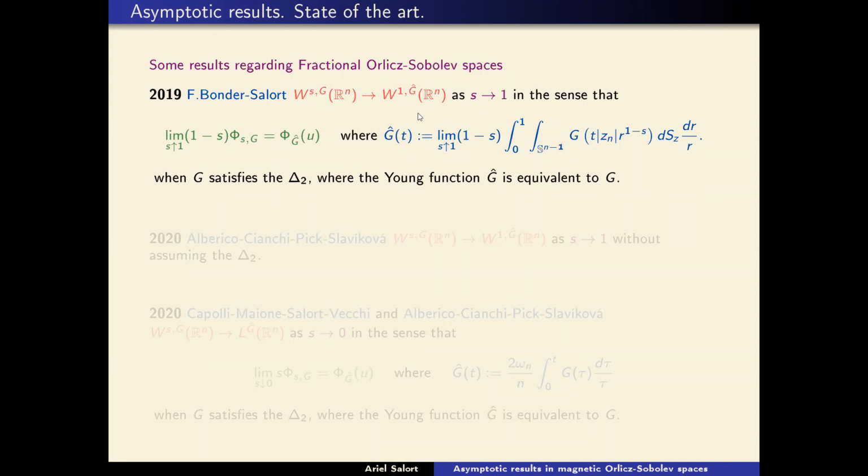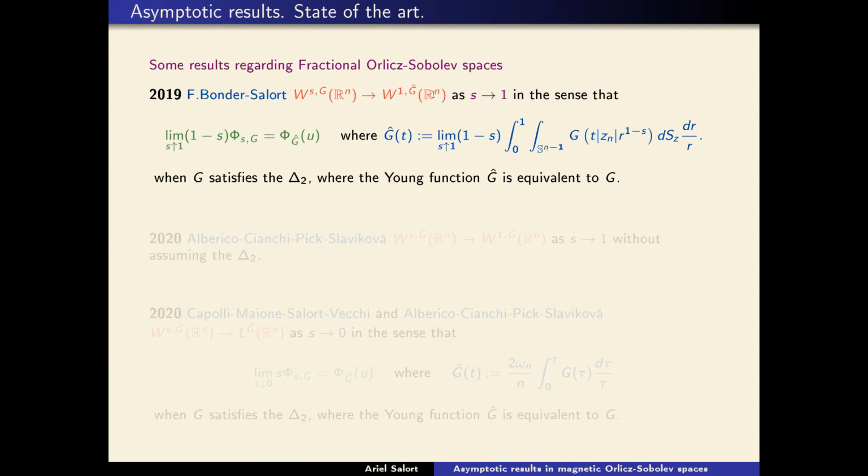And the convergence is in the following sense. If you take the modular of the initial space times a correction term, you obtain the modular of the limit space. Sorry, here it is the gradient of u, not u, because it's like the L^p norm of the gradient in the case of powers. In fact, when G is a power, for instance t^p, the functions G and \hat G are the same function, t^p.